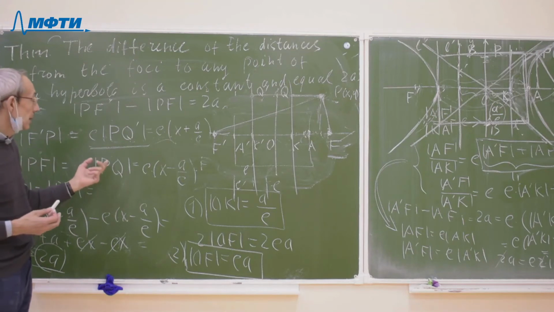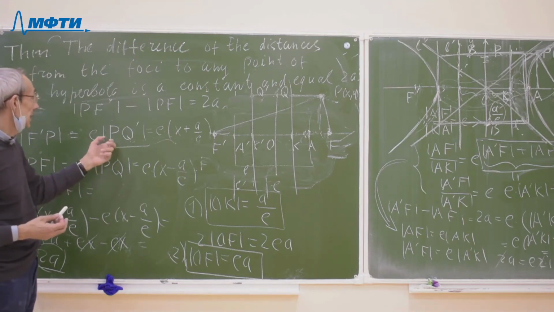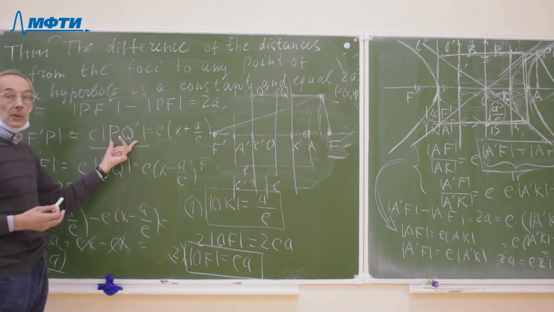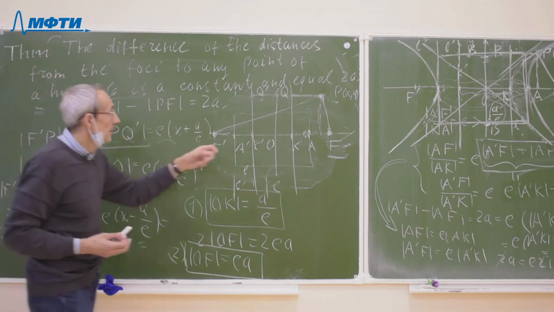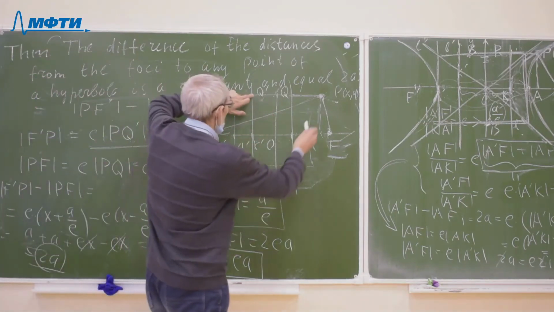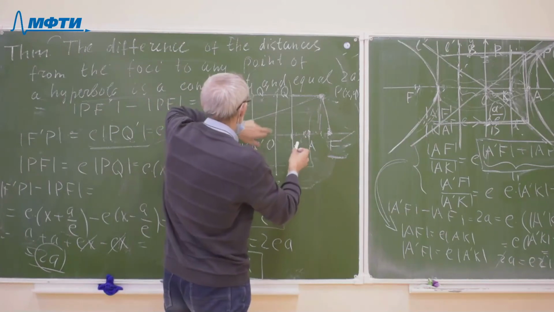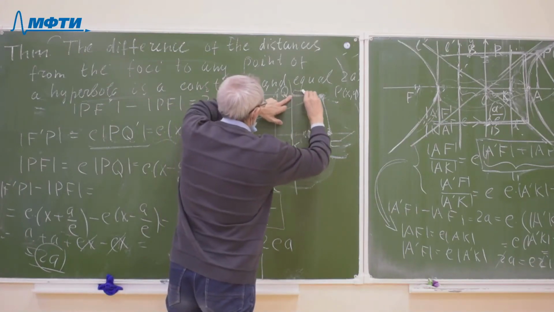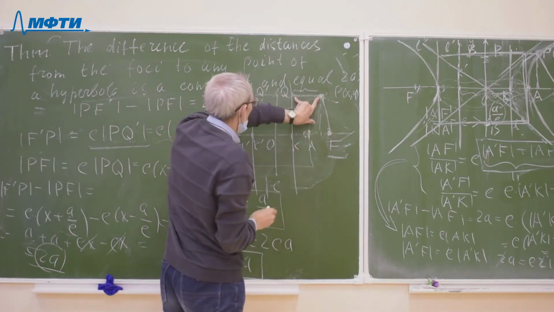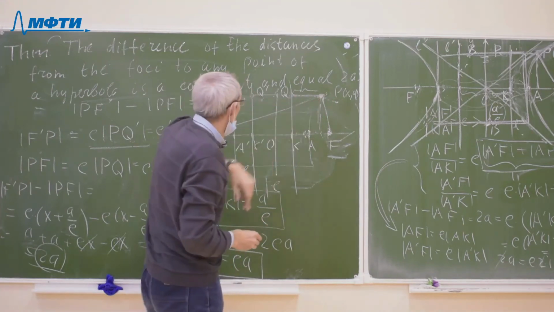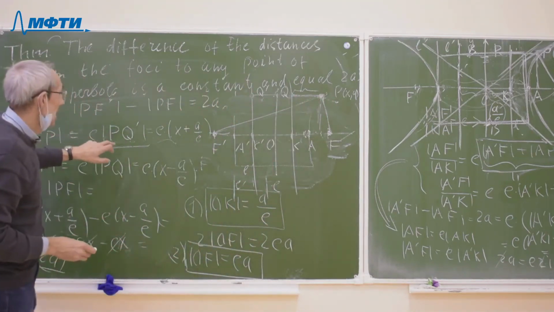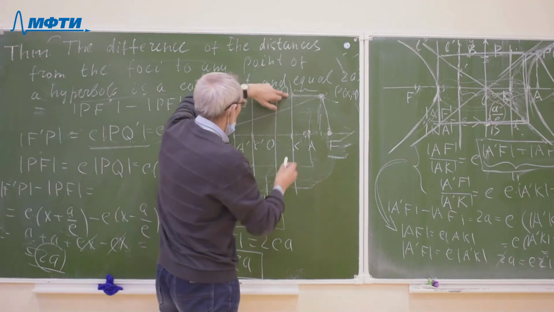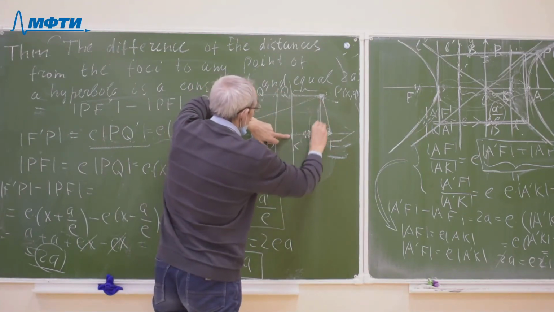And let's calculate the distance PQ prime, this distance, and this distance, PQ. This distance, easy to see, equals this one.